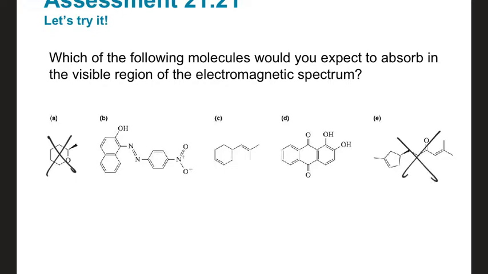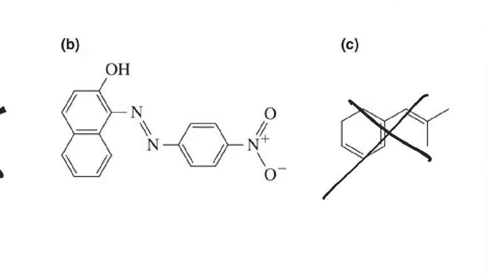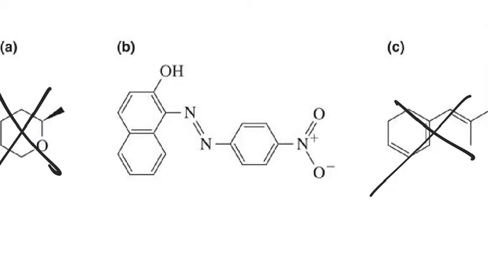Certainly not this. And certainly not that. Those have only like no double bonds, or only up to like 3 conjugated ones. If you look at the other two, we've got 2, 4, 6, 8, 10, 12, 14, 16, maybe.